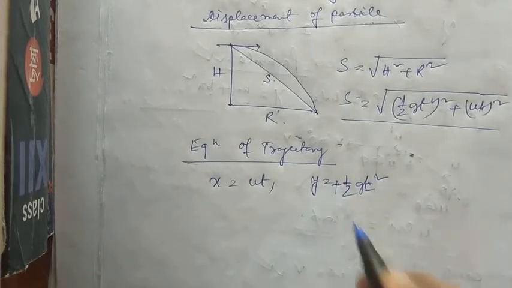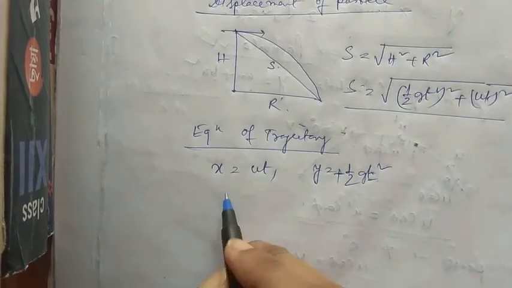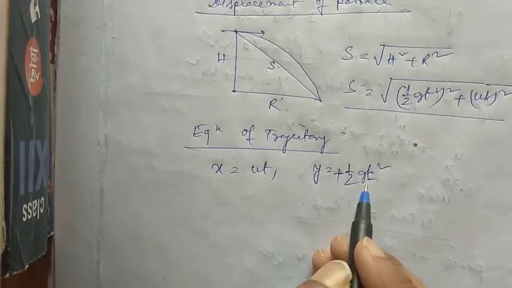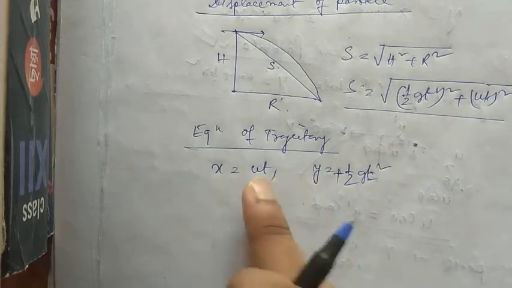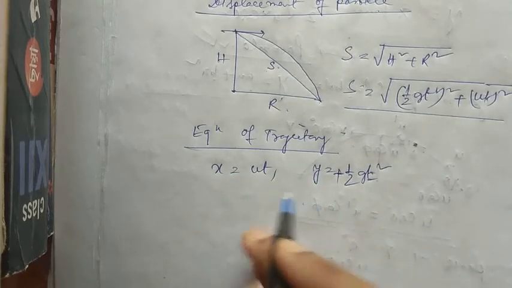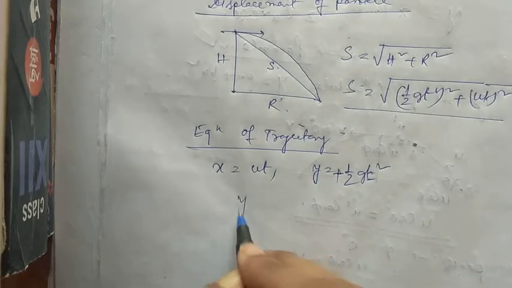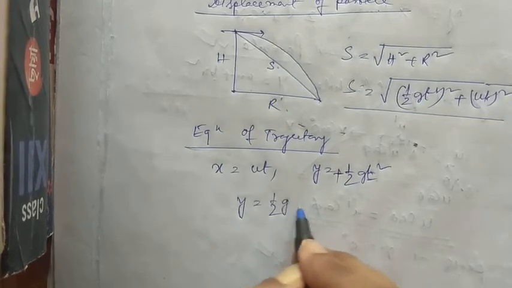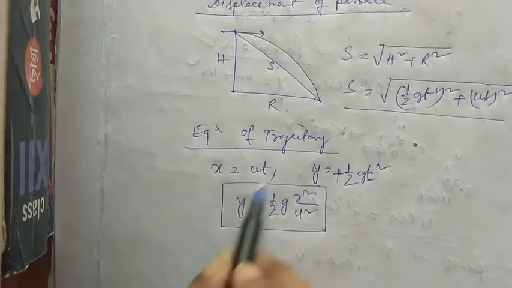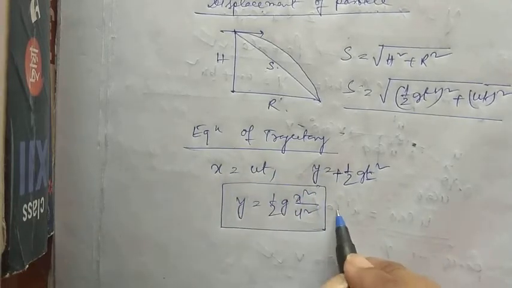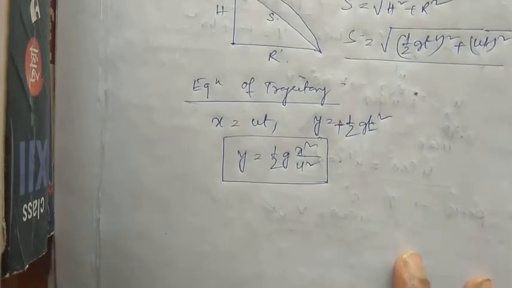As we have stated, you can use plus here. So the equation of trajectory means the elimination of t, the relation between x and y. So it becomes y is equal to half of g x square by u square. Replacing t here, we get this value. So this is the equation of the trajectory of the particle.